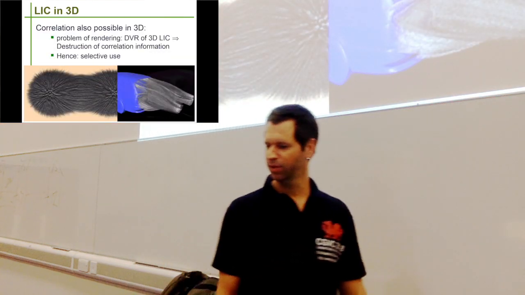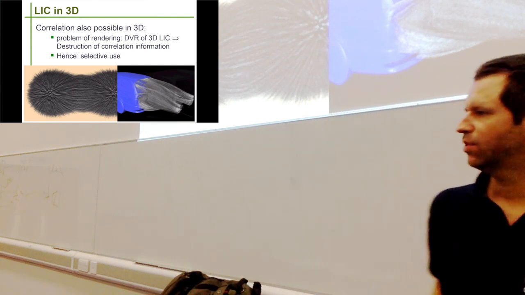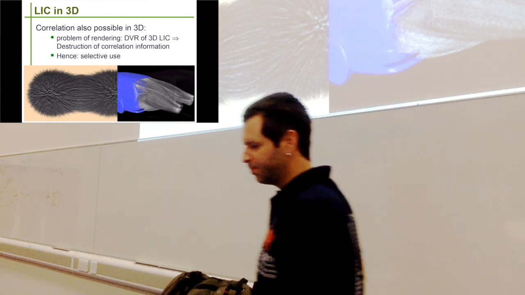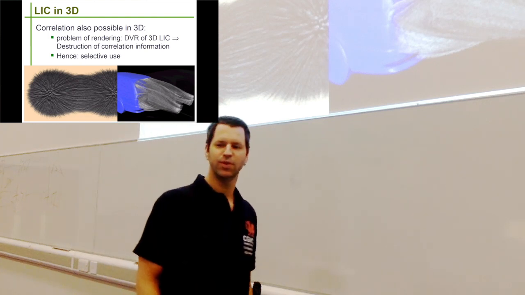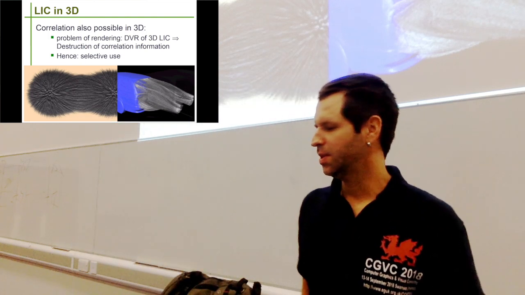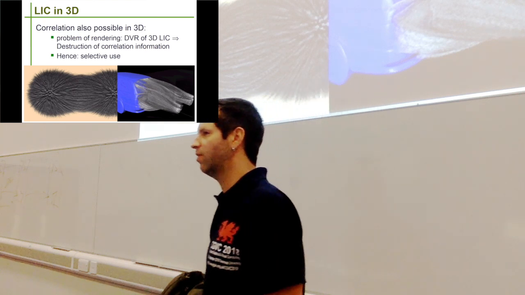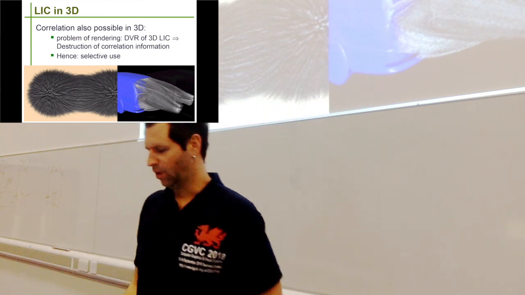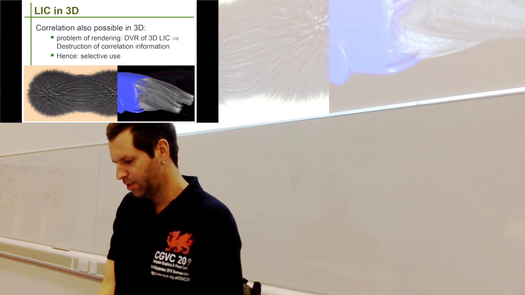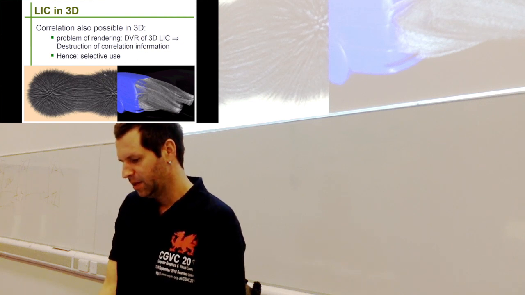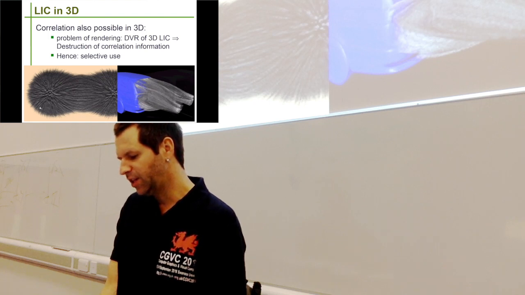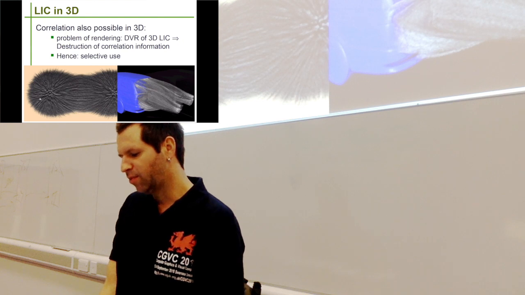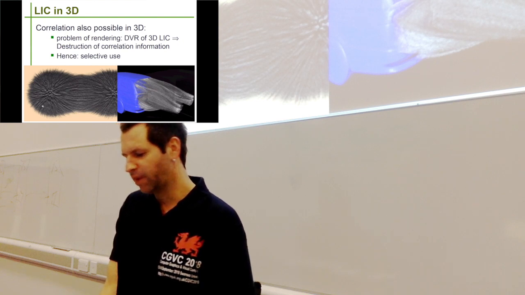It is possible to apply the same concept to three dimensions, but it gets more difficult to perceive the direction of the flow because you have overlapping flow in the depth direction, so to speak. So yes, it does work on this nice academic example, but you can see already that there's more of a uniformity with respect to color.